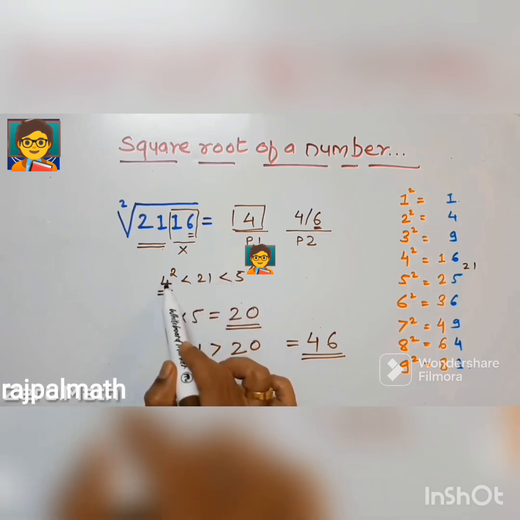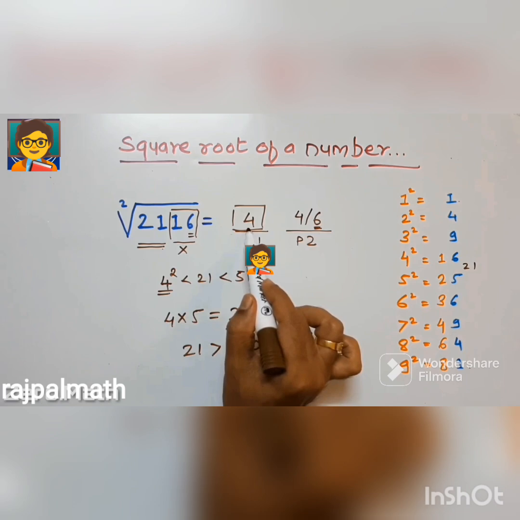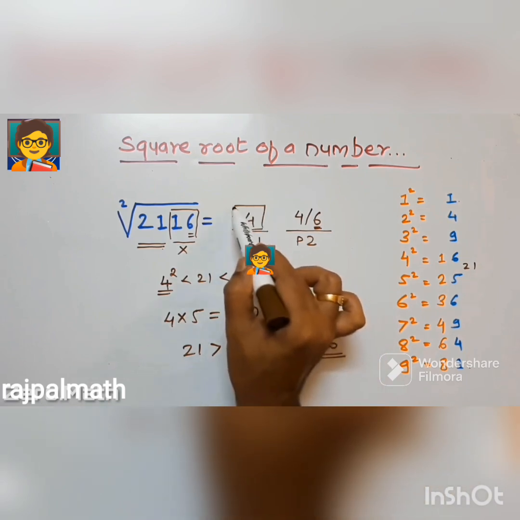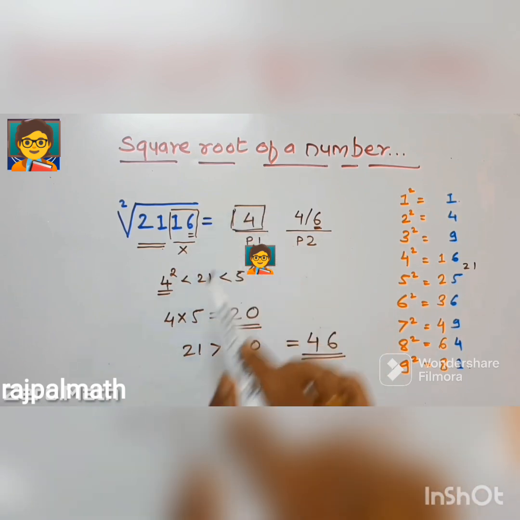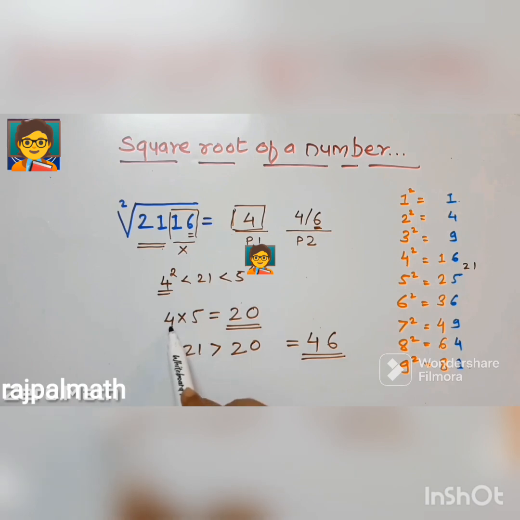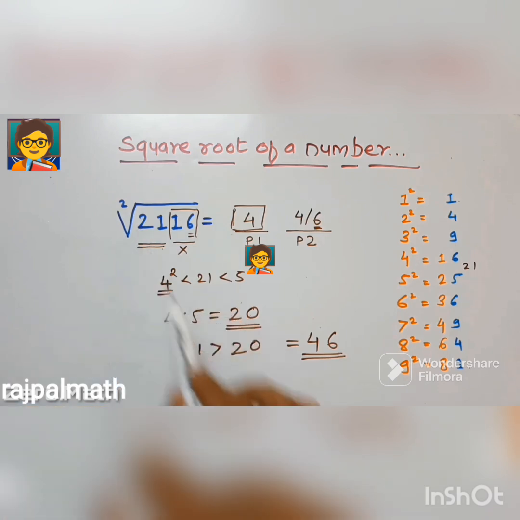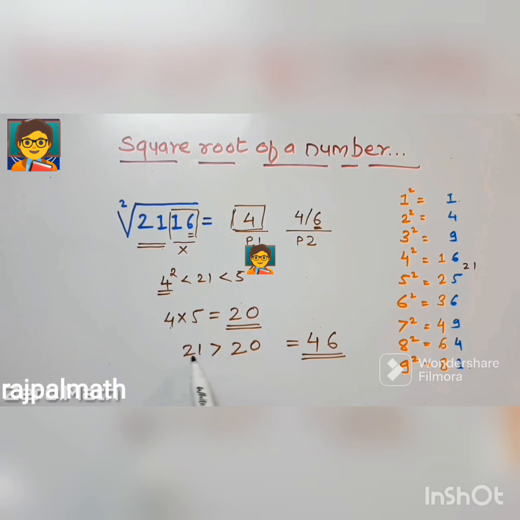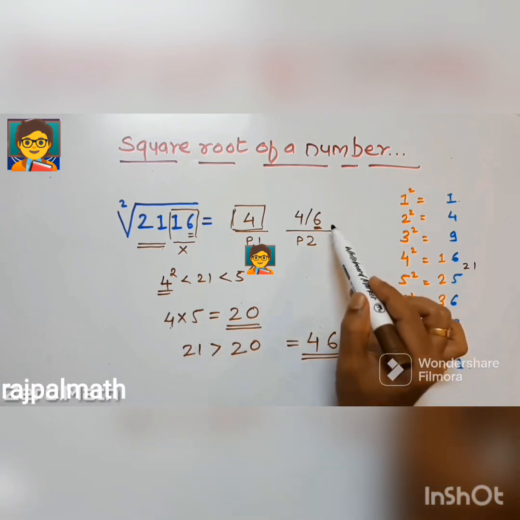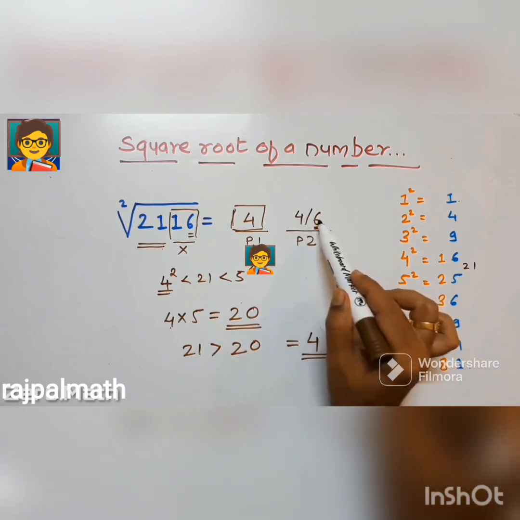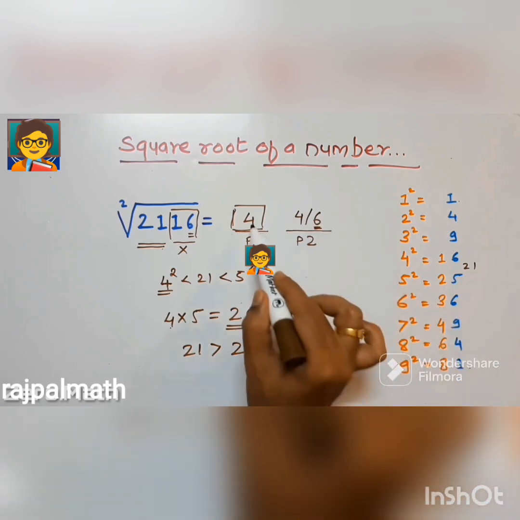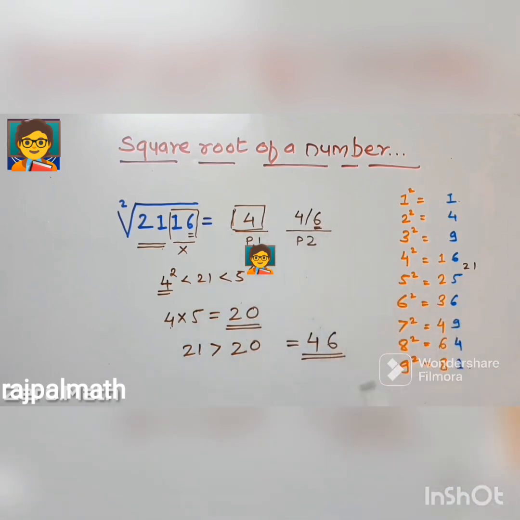We have taken the lower digit, which is 4. Now this part of the answer is fixed. We have multiplied 4 by the next consecutive digit, which is 5. The answer is 20. We have compared 20 and 21. Since 21 is greater than 20, we have taken the larger digit between 4 and 6, which is 6. So my answer becomes 46. The square root of 2116 is 46.